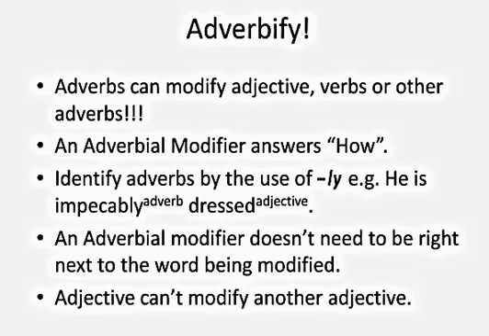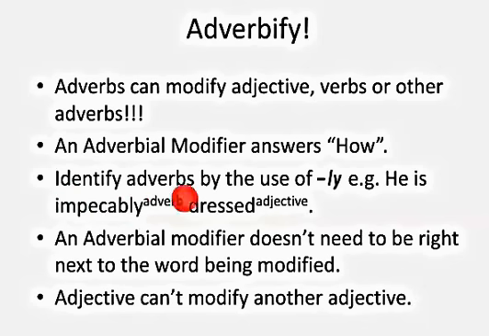Let's say somebody is dressed really well. When we say he is impeccably dressed, you can identify this easily by the use of ly. An adverb is something that uses ly.